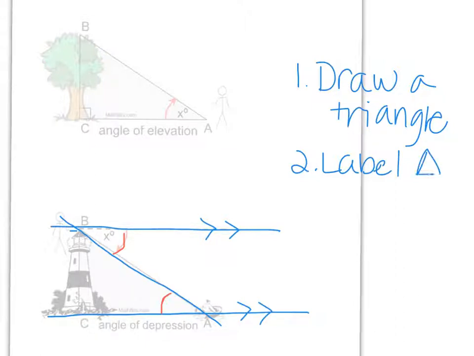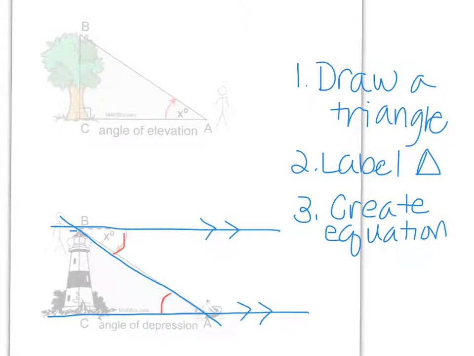I'm just going to draw a labeled triangle. And remember the third step then is to create and solve a trig equation. So we are going to create an equation and solve. So those are our 3 steps that we're going to go through.